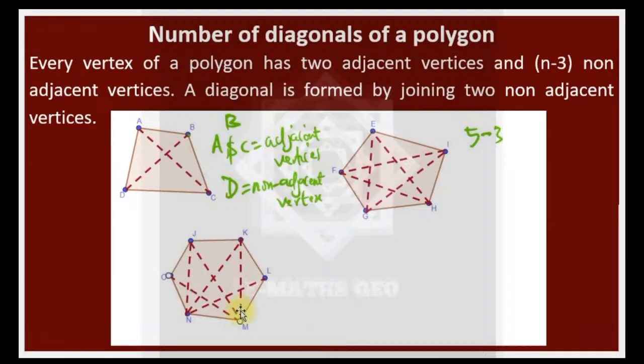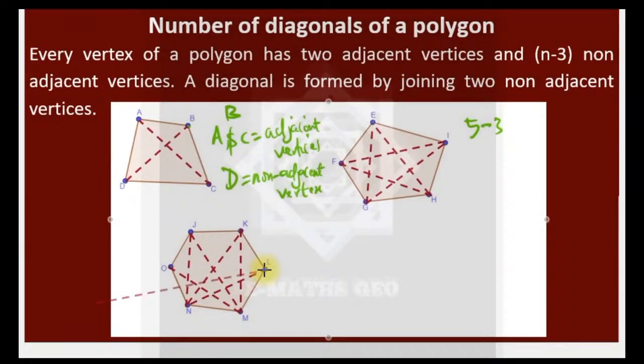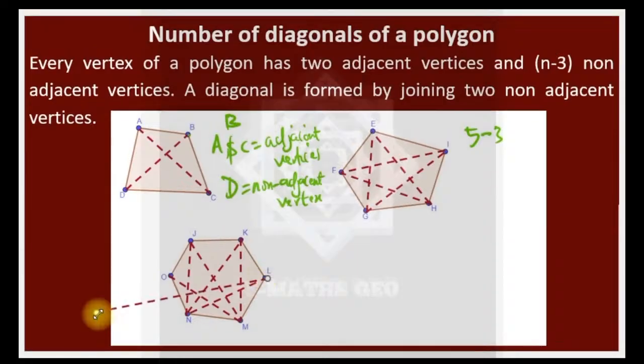So in this case, we have 6 sides. So each of them will have 3 non-adjacent vertices. That's one. This is the second one. And finally, that's the third one.